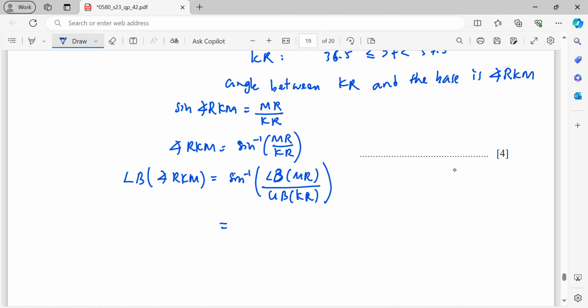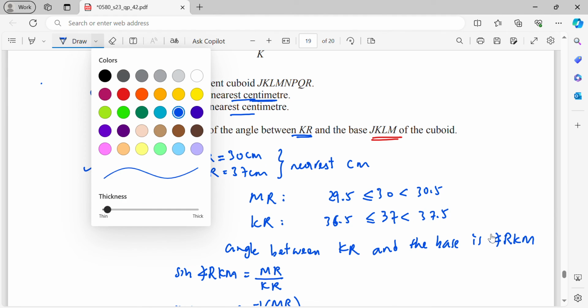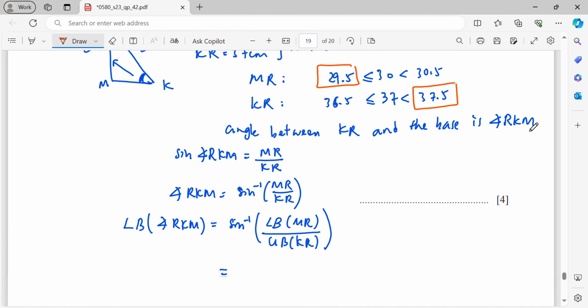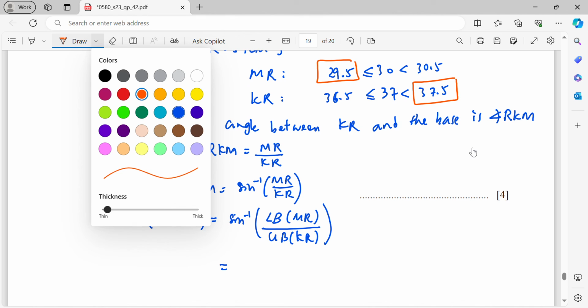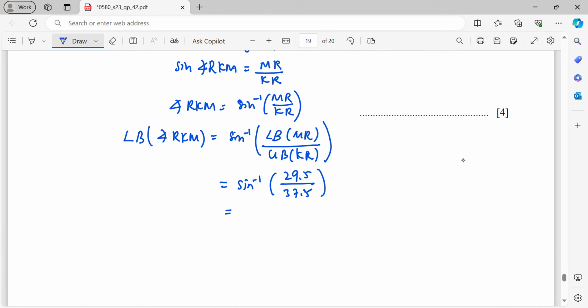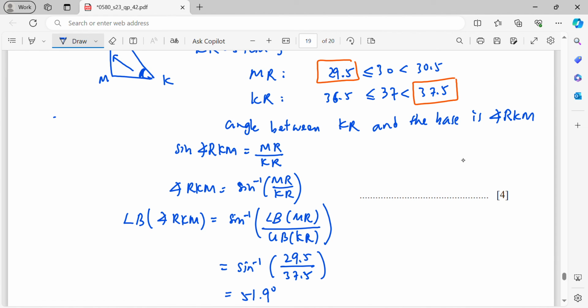So now, lower bound of MR refer to the interval that I have formed just now. So MR lower bound, it is 29.5. Upper bound for KR, 37.5. Right, so you will get 29.5 over 37.5. Then from here, you will be getting 51.9 degrees. Okay, that is your lower bound of the angle.